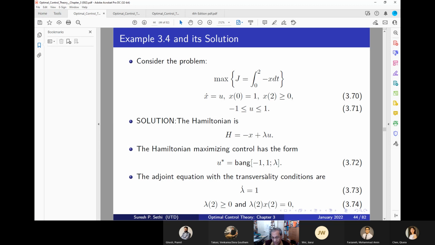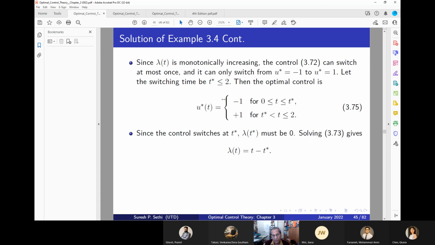Now, with this insight, we are going to try to solve the problem. The control can switch only from minus 1 to plus 1. So we can say, okay, let it switch at some time t star.